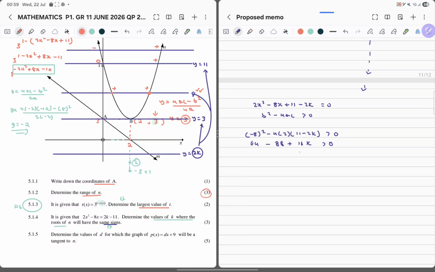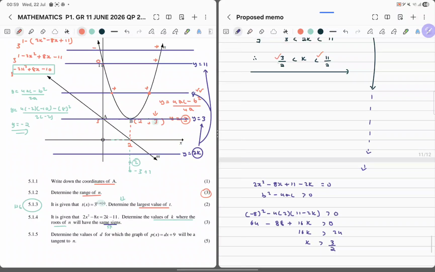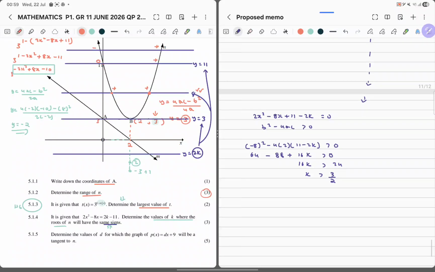Now let's see, we're gonna have 16k greater than, let's say 64 minus 88, it's minus 24. We transpose this thing, it goes over here to be 24. So we can say k must be greater than 24 divided by 16, which is 3 over 2. So we saw that k must be greater than 3 over 2, but now the problem with this, it's incomplete.